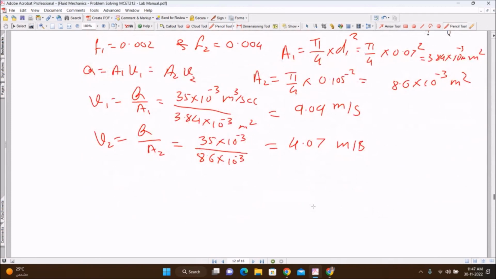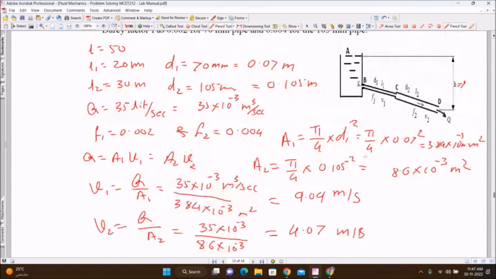So as you know the velocities, we can find the head losses one by one. First, head loss at entrance, number 1. Then number 2, due to the friction factor F1. Number 3, due to sudden enlargement. Again due to the friction by Darcy, number 4, and then exit, number 5.